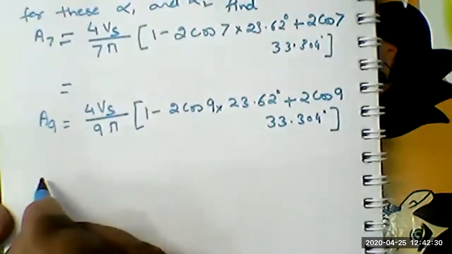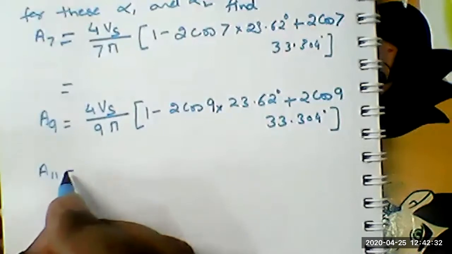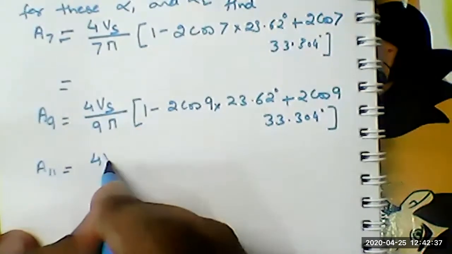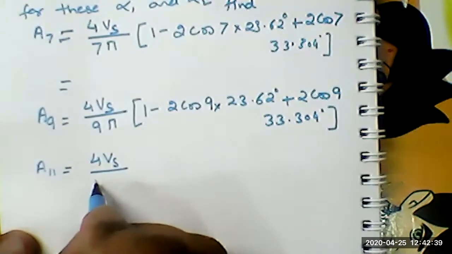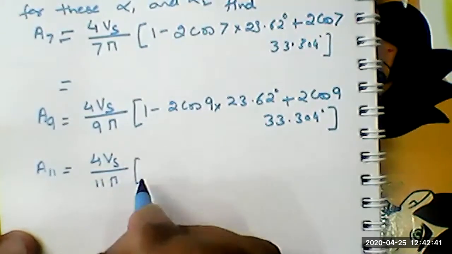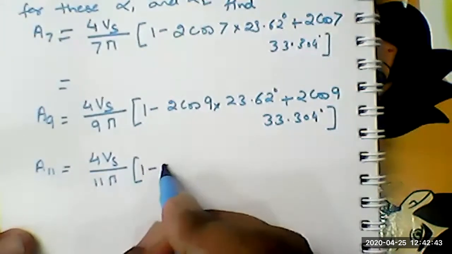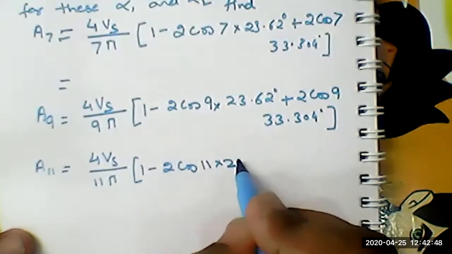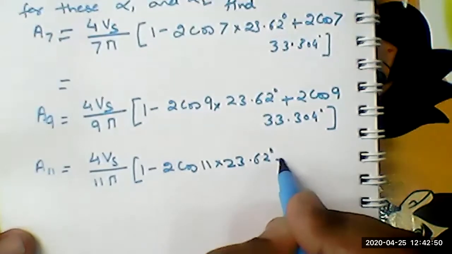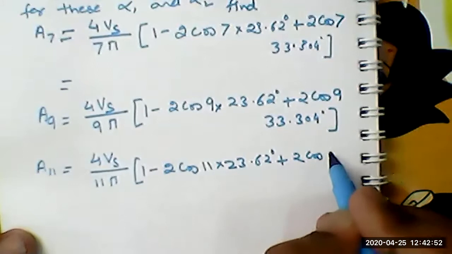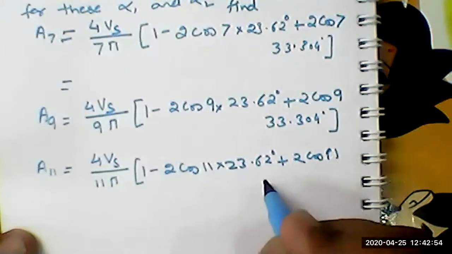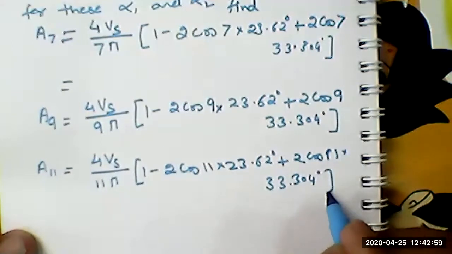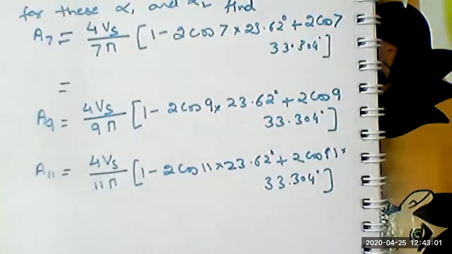Similarly, the 11th component is given by 4Vs upon 11 pi times 1 minus twice cos 11 into 23.62 degree plus 2 cos 11 into 33.304 degree.